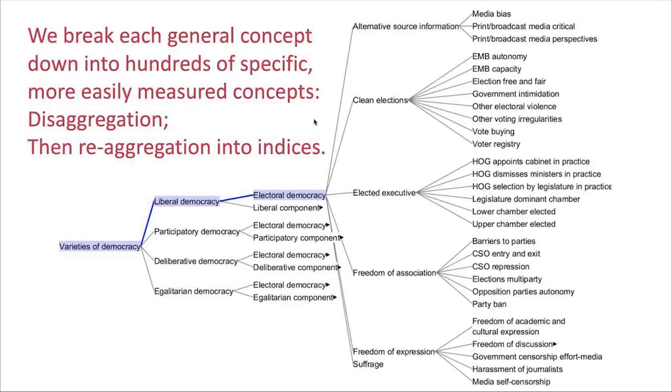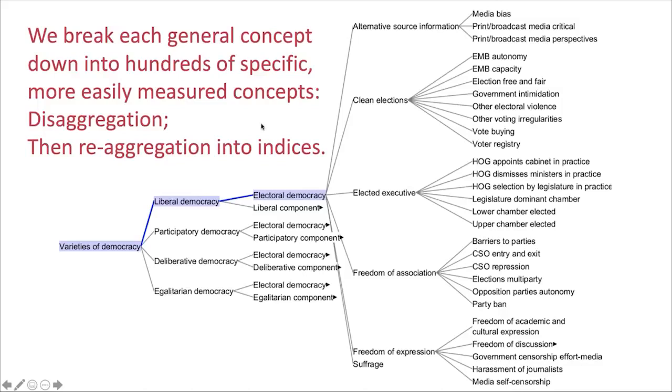Next slide. And we disaggregate the concept by breaking varieties into different varieties, but each one into electoral democracy and some other component. And then each of those components are further subdivided into subcomponents, and sometimes we go up to 6 or 7 levels of disaggregation. The purpose being that before we really start to measure anything, we break down the concept into its most specific components, things that are most likely to be objective and easily measurable, about which experts are less likely to disagree just because they're defining the concept in different ways.